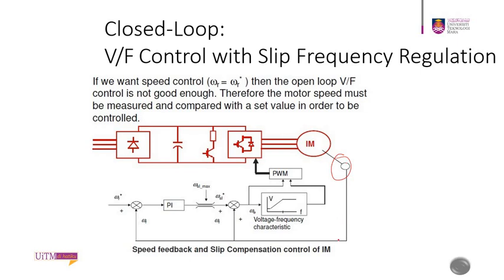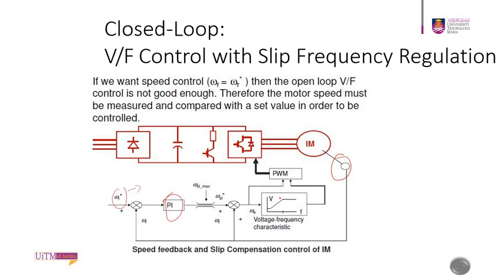So you have, for example, a PI controller, with a comparator, either summer or compare, to compare with the current speed of the machine, against the speed that you want.